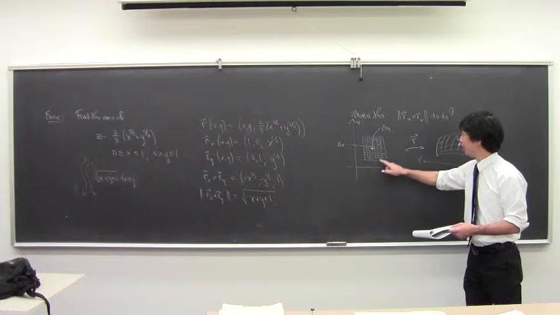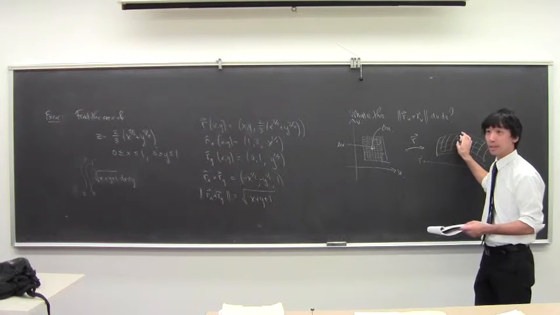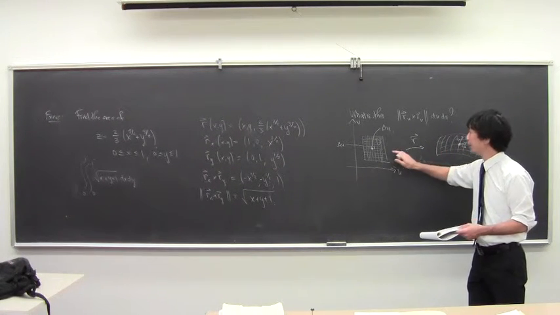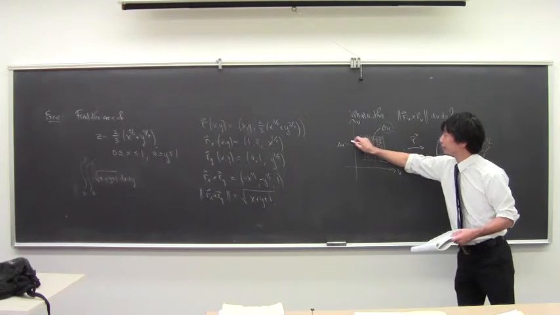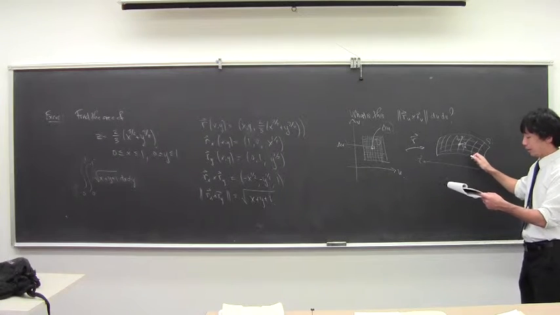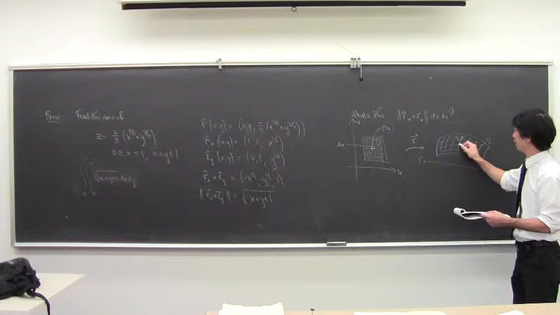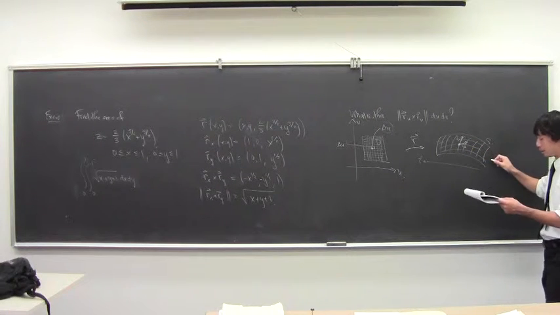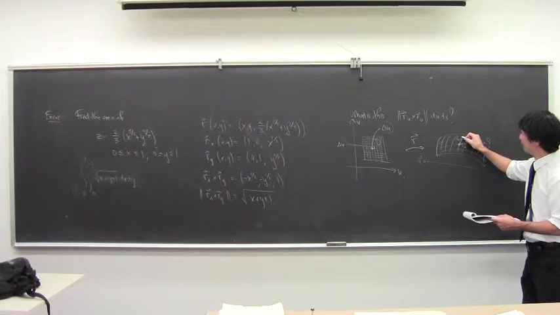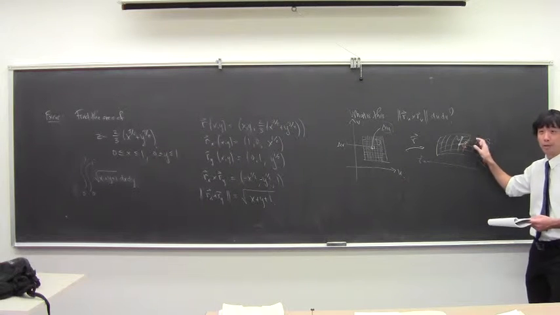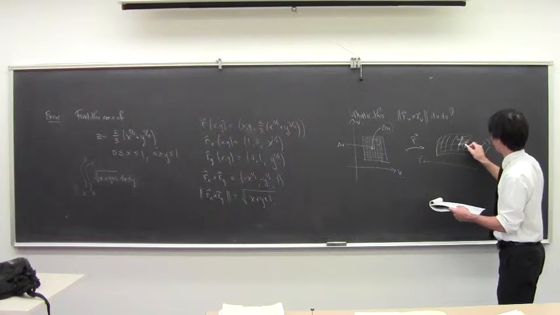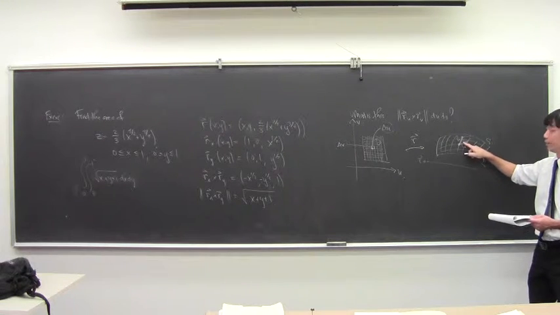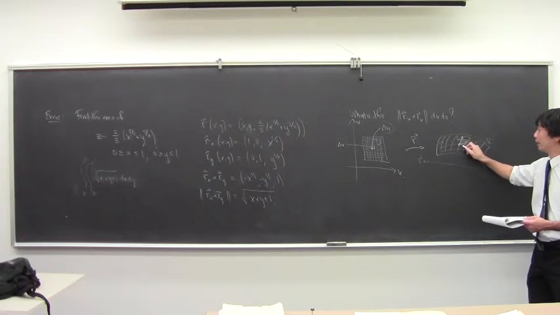These are like velocity vectors, and multiplying them by delta u and delta v gives you some sort of parallelogram here.